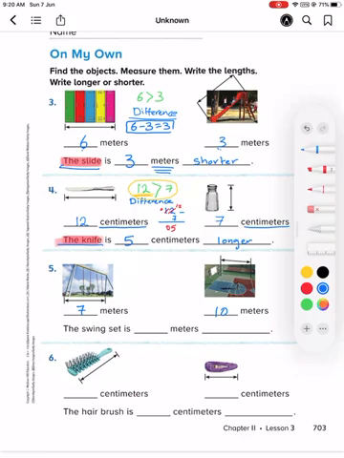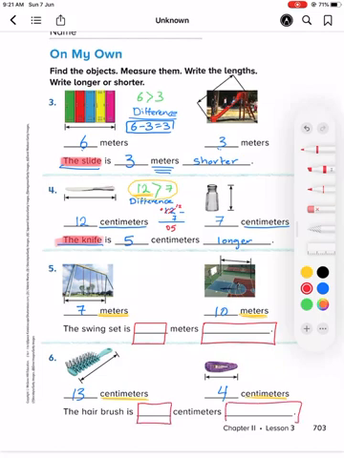The brush is 13 centimeters and this tiny girly thing has 4 centimeters. So what did I use for each one? Here I use my metric stick to measure these lengths, and here I use my centimeter ruler. Please, I want you to find the difference and longer or shorter.